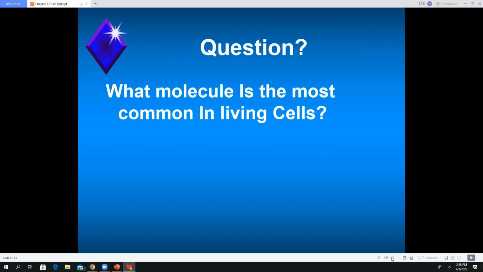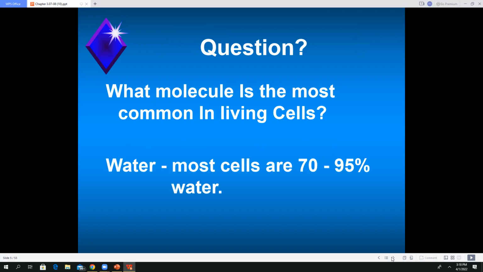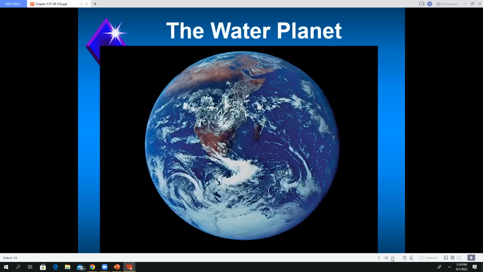All right, so let's look at what is the molecule that is the most common in living cells. The answer is water. Most cells are anywhere from 70 to 95% water, depending on which type of cell. The water planet, that's where we live, right?